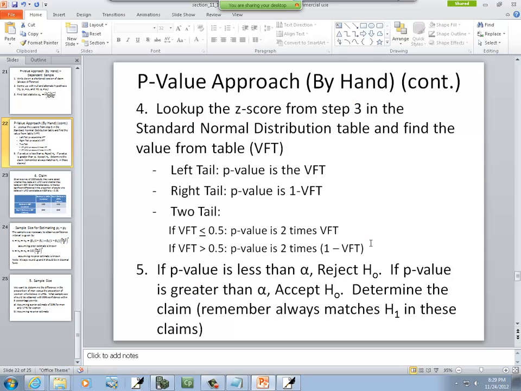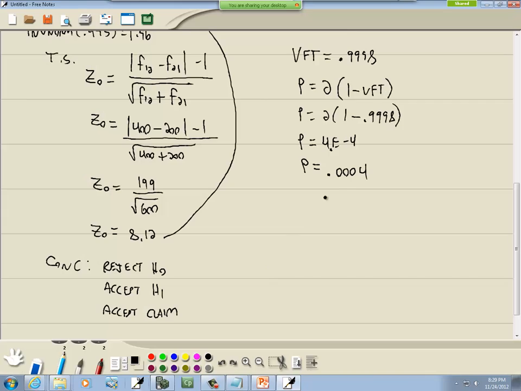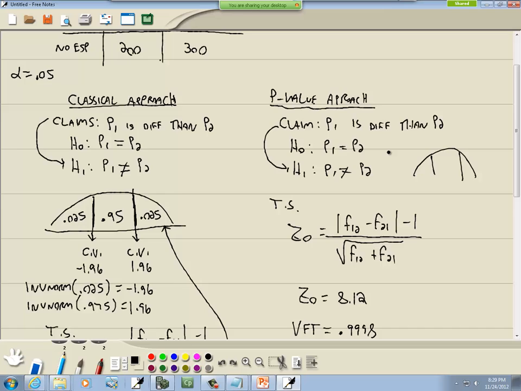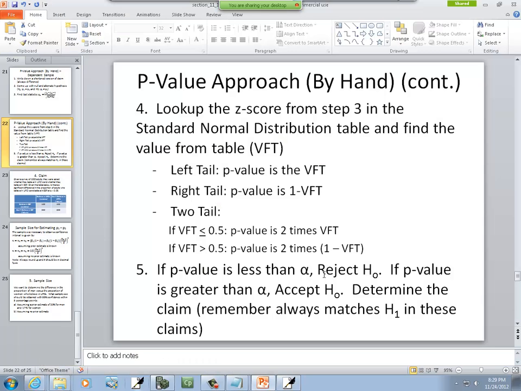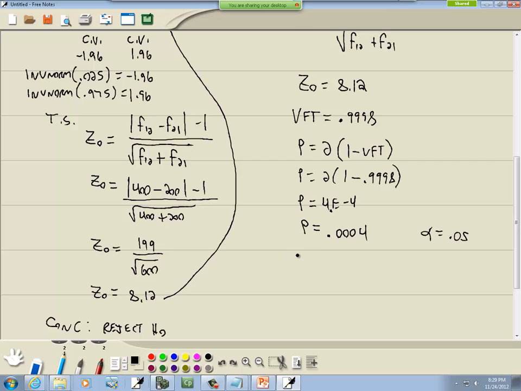Okay, if the p-value is less than alpha, well, it's definitely less than alpha. I don't remember what alpha was, 5%, 10%, what was it, 5%. So alpha is 5%. So the p-value is less than alpha. It says reject H naught. So our conclusion is we reject H naught, which means we accept H1, which means we accept our claim since H1 matches our claim.